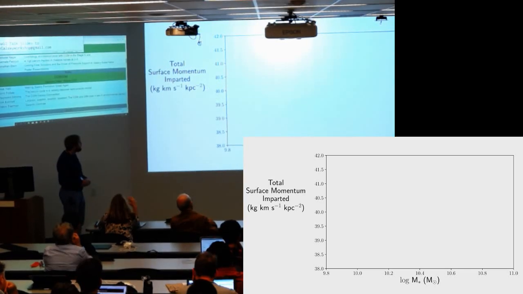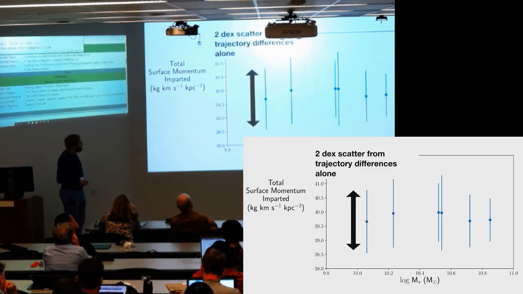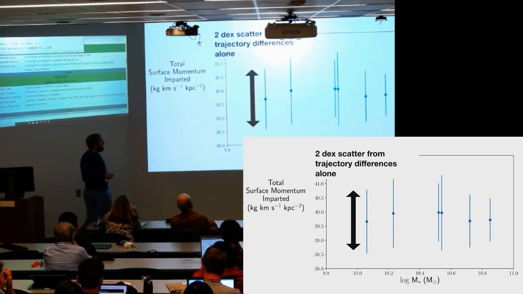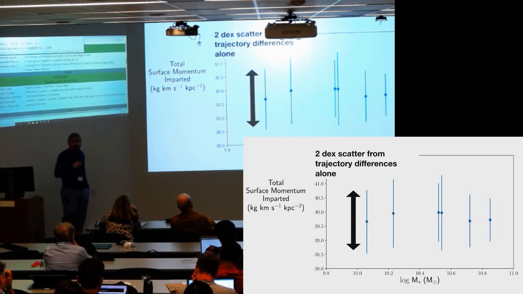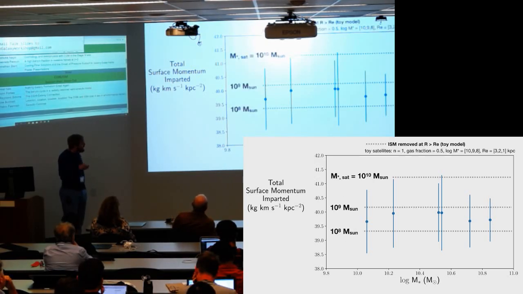So there's those 95%. Here are the 6 simulations, as a function of mass, total surface momentum imparted. Again, I want to stress that there's a 2 dex scatter from just trajectory by trajectory variations. That has to do with the complex velocity and density structure that we're recovering in these simulations. And again, here are those toy model lines that I drew earlier.